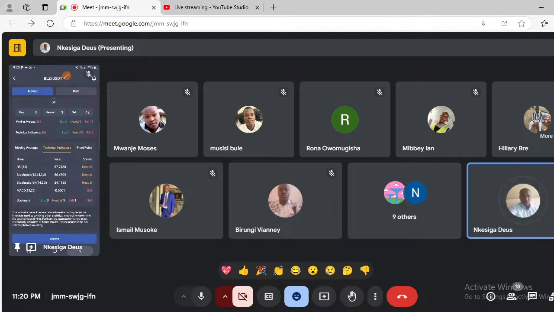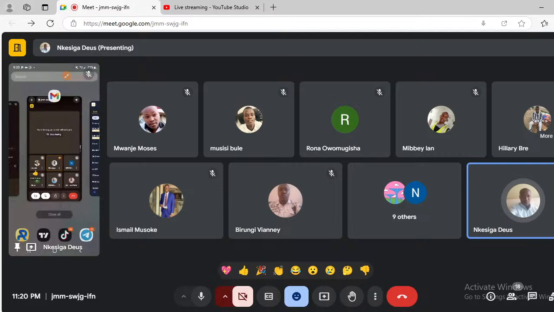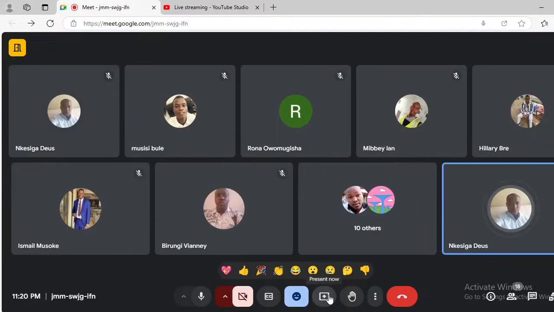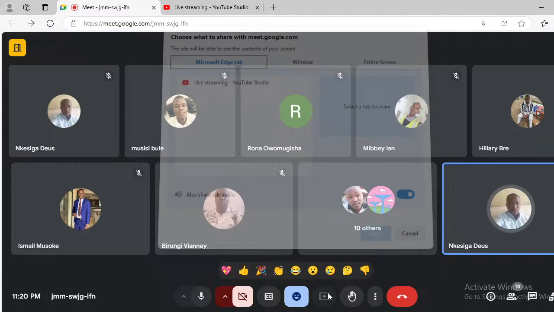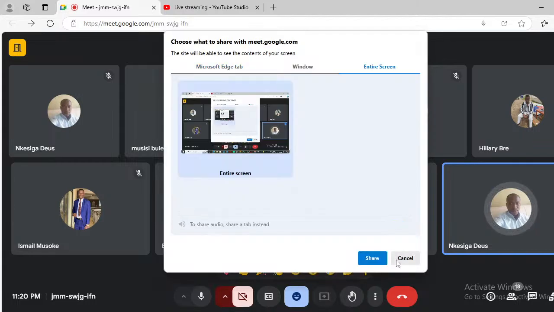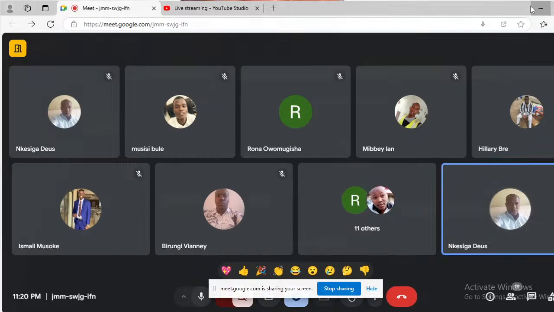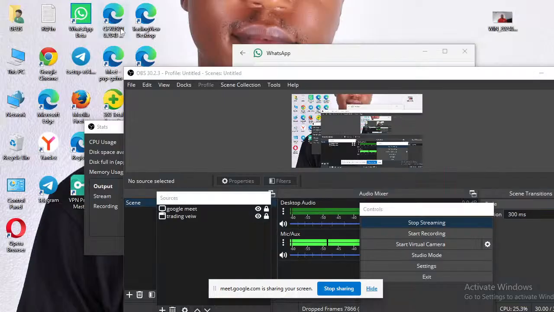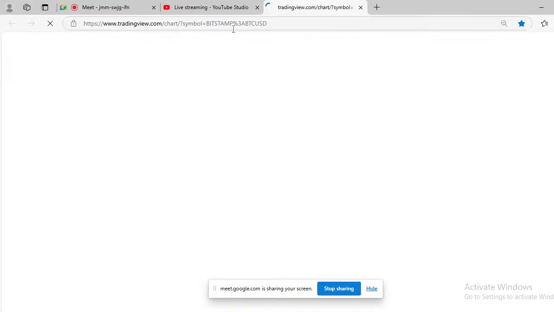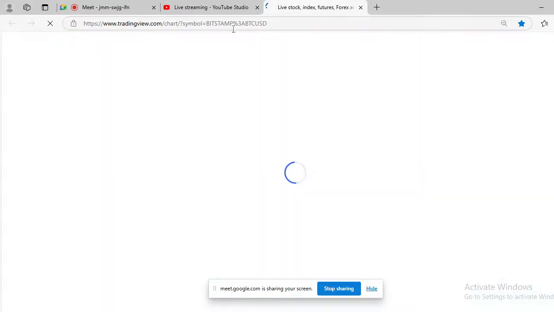Let me just stop sharing here. Then I share my screen here. Then we see this coin is called... Okay, hope you are seeing my screen, ladies and gentlemen. My screen should be on. Okay, we are here. The coin is called what?